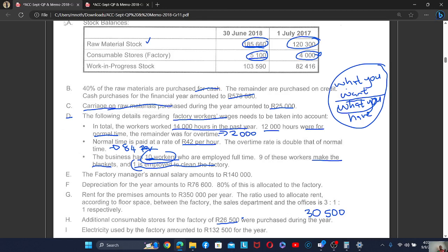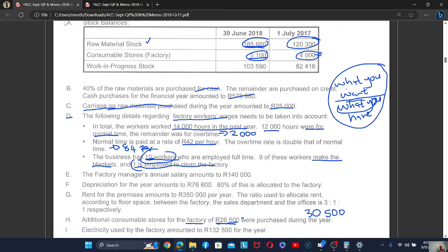Okay, let me say this again. Right here, they gave us that at the beginning of the year it is 4,000, right? So we are not told that it is being used. And then we are also told that the business bought additional consumable stores for 26,500, and that this one is for the factory.